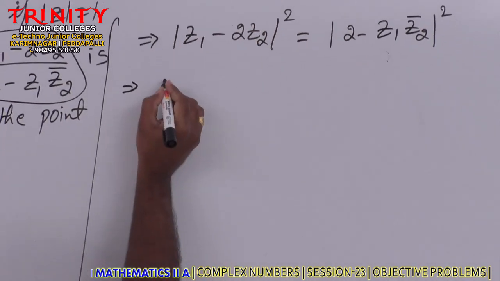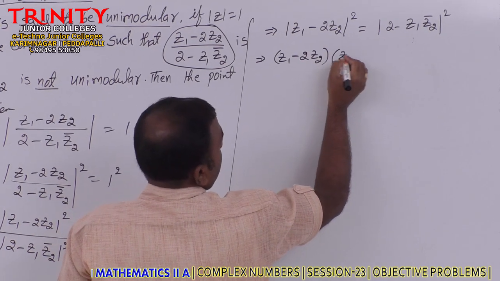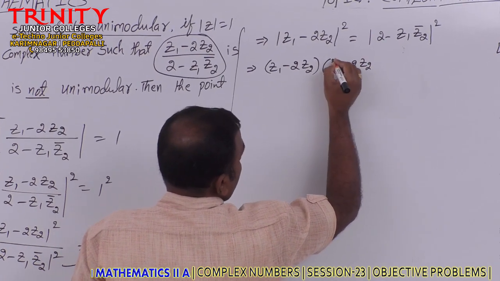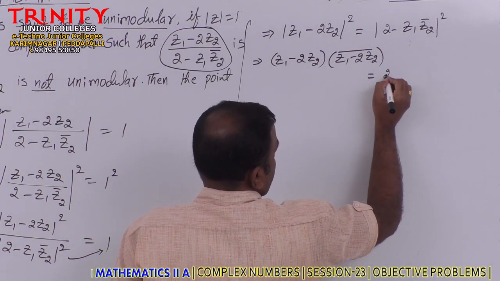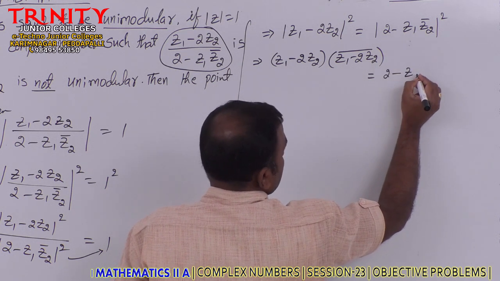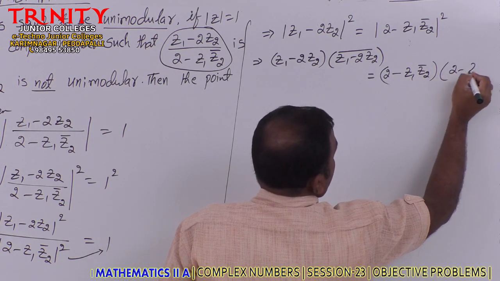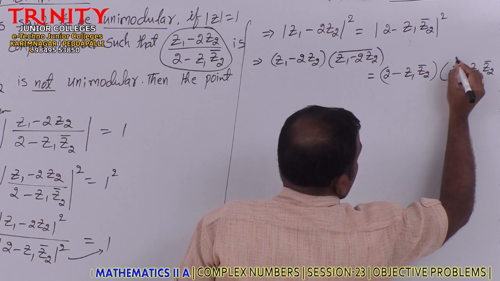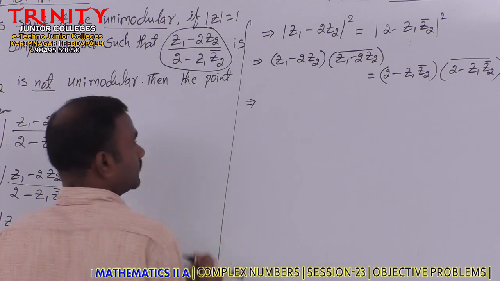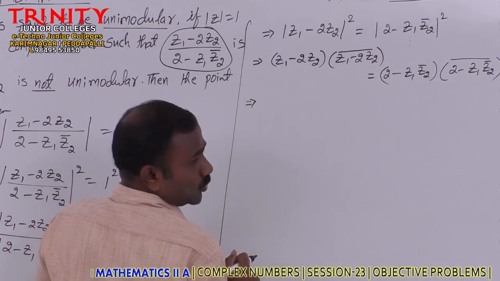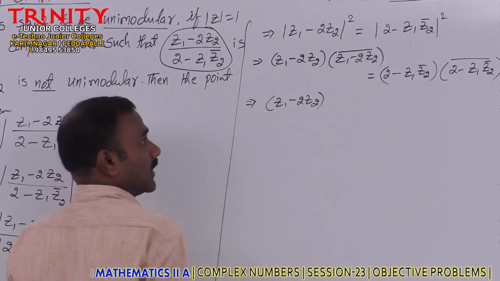Mod z square as z into z bar: z1 minus 2z2 into the whole bar of z1 minus 2z2 is equal to, again for this also, 2 minus z1 z2 bar into the whole bar of 2 minus z1 z2 bar. Now what it becomes? z1 minus 2z2 as it is, and in this no change.